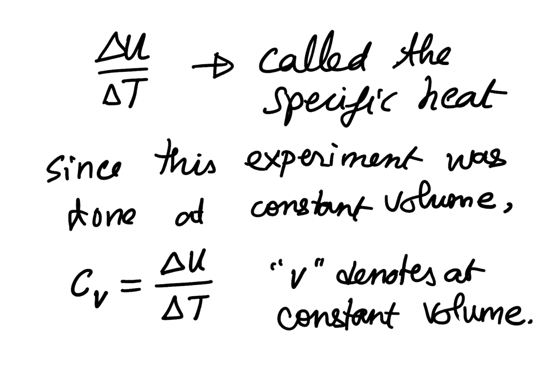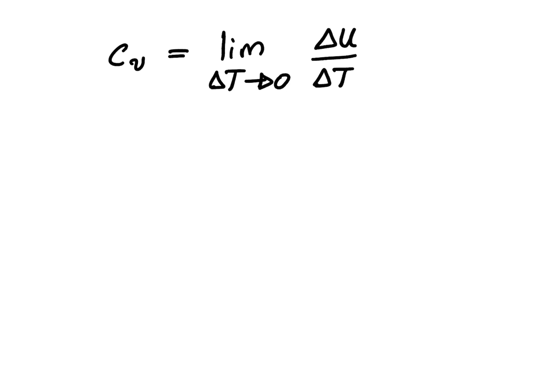Now, if we do a little bit of calculus and formalize this relationship, Cv is defined as the limit in which, for an incremental change in temperature, the change in internal energy to the change in temperature becomes a derivative. So this is the formal definition of Cv.